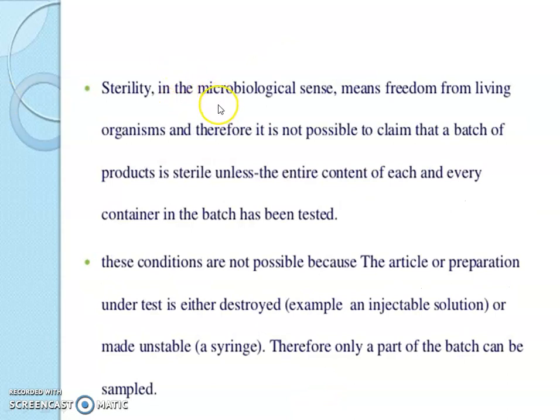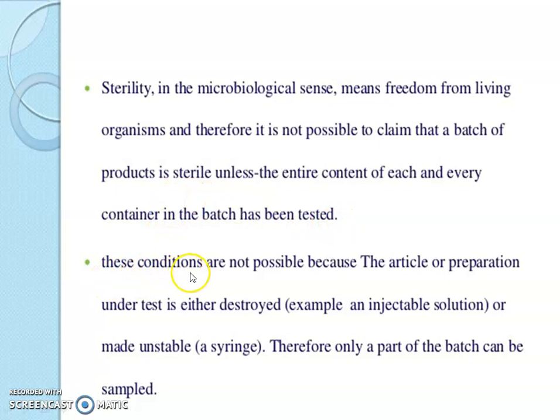Sterility in the microbiological sense means freedom from living organisms, and therefore it is not possible to claim that a batch of products is sterile unless the entire content of each and every container in the batch has been tested.